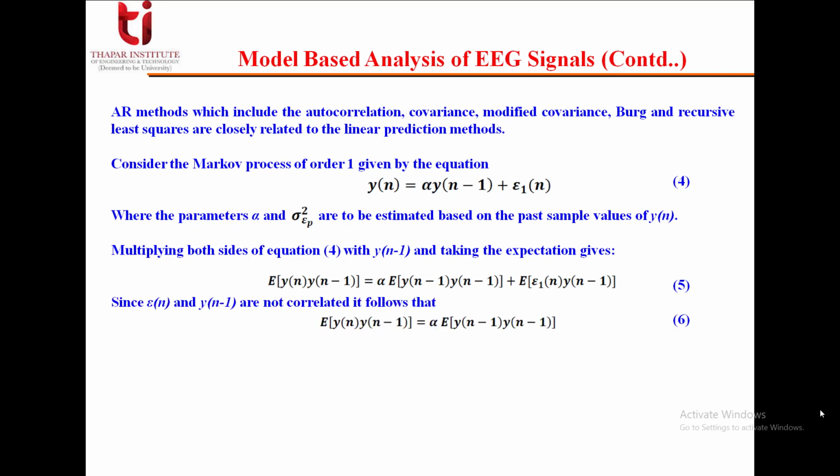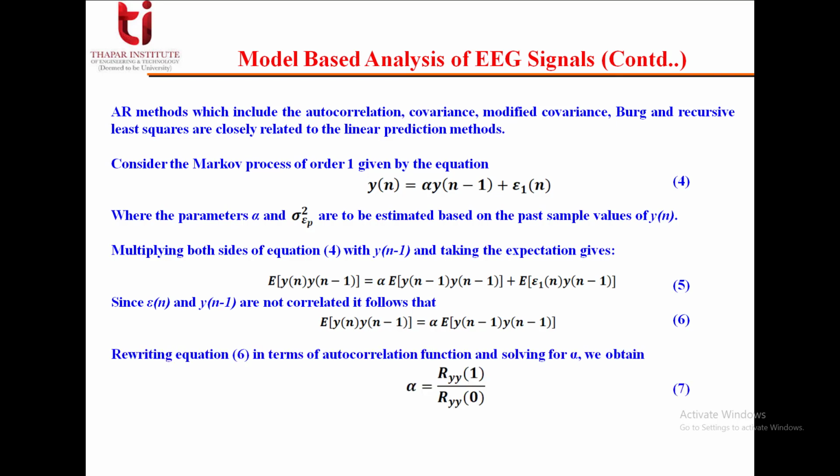As we know that epsilon and y of n minus 1 are not correlated, the expectation of the product will be 0. So equation 5 reduces to equation number 6, where the second part of equation 5 is 0. So you get the expectation of y n into y n minus 1 equals alpha times the expectation of y of n minus 1 into y of n minus 1.